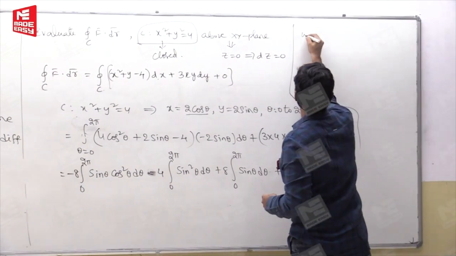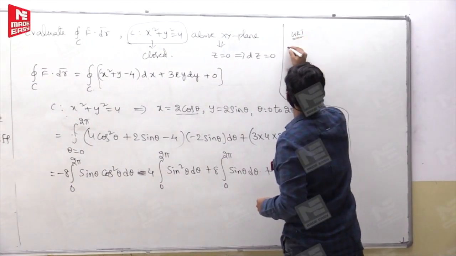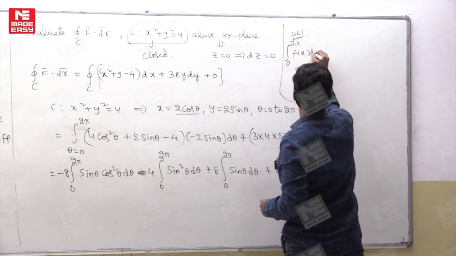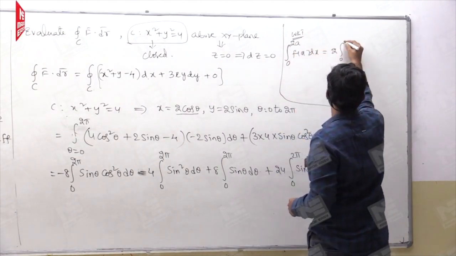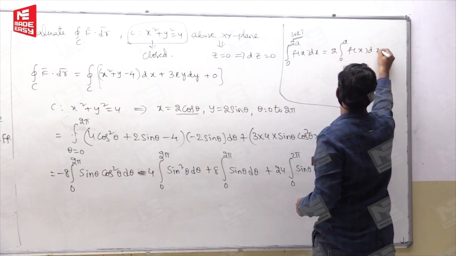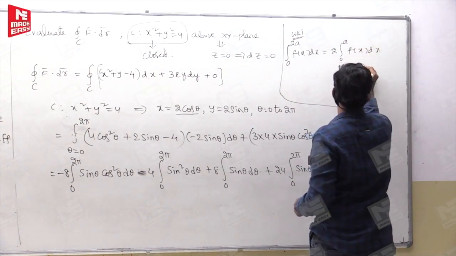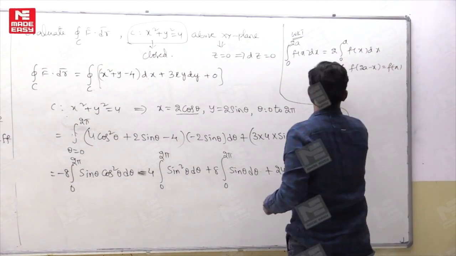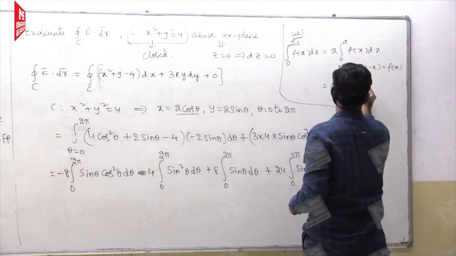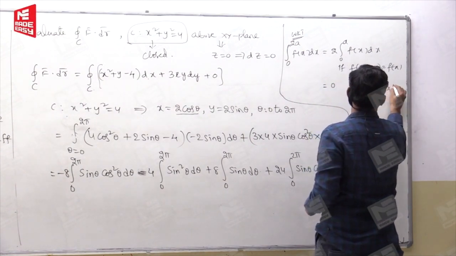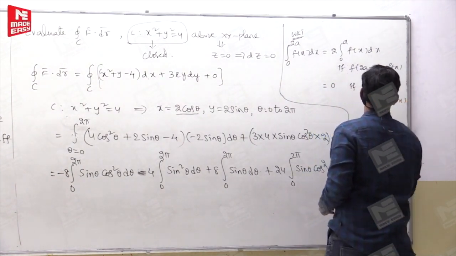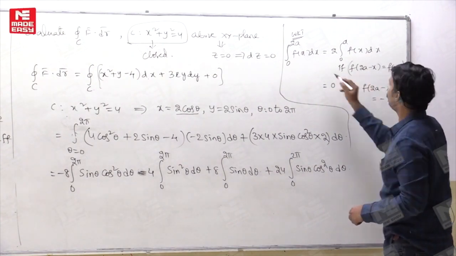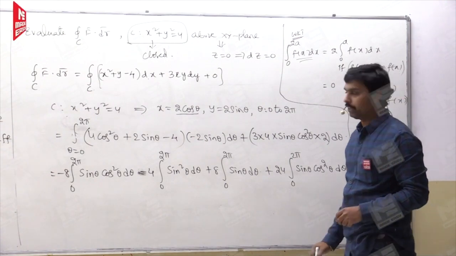Here we know the property of integration: integral 0 to 2a f of x dx can be written as twice of 0 to a f of x dx if f of 2a minus x is equal to f of x, and this is equal to 0 if f of 2a minus x is equal to minus f of x. Under these conditions we need to write this 0 to 2 pi integral.